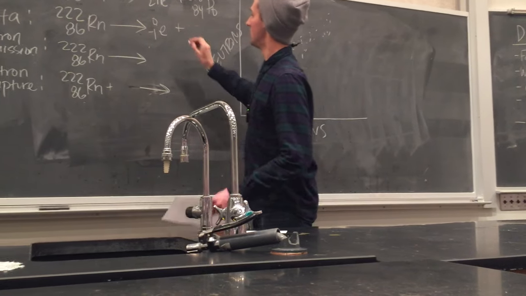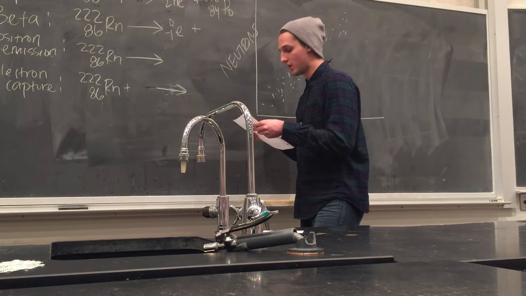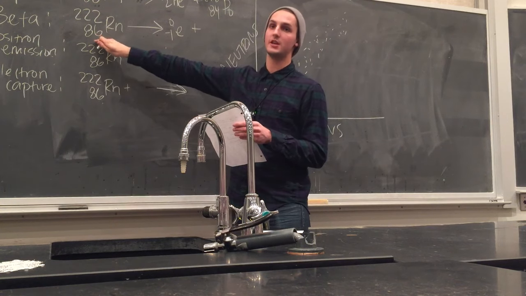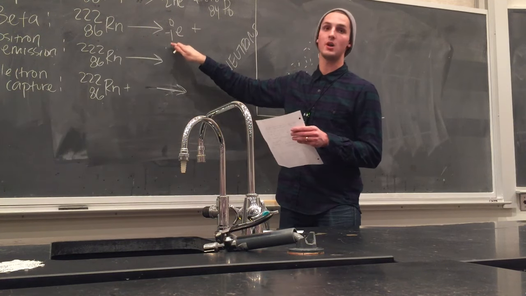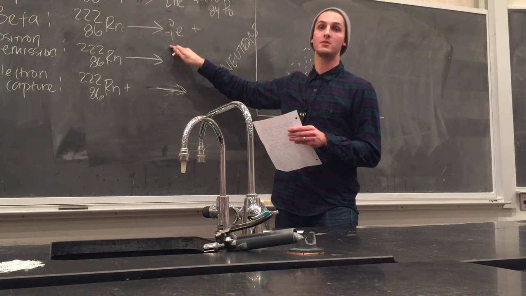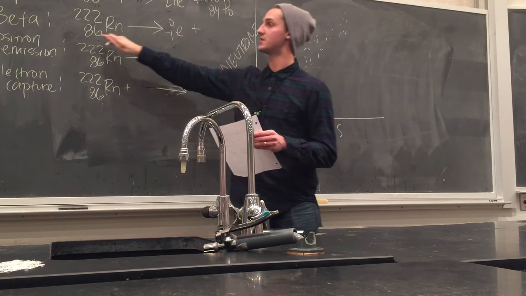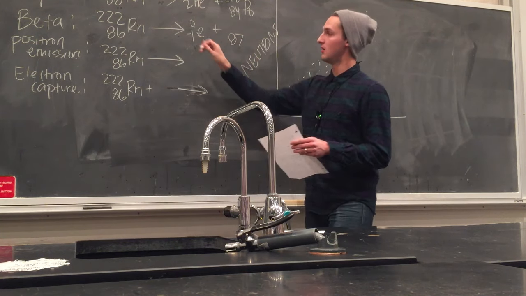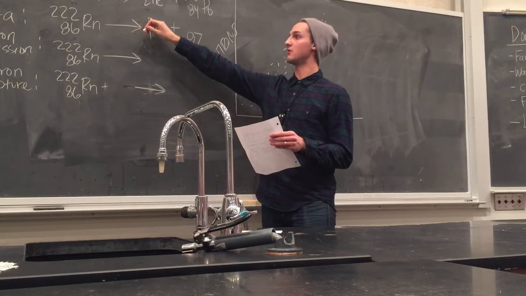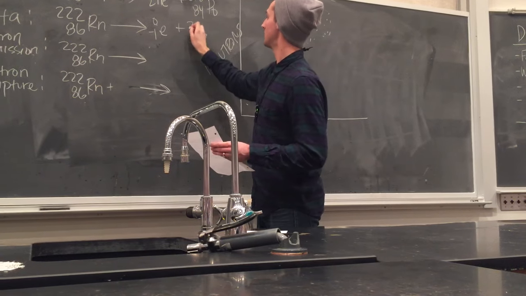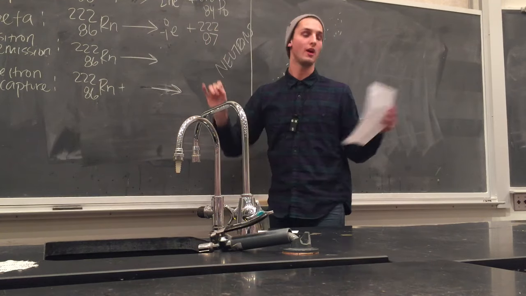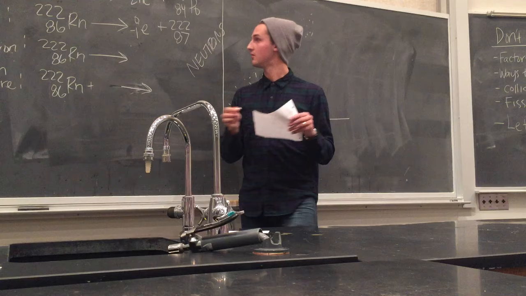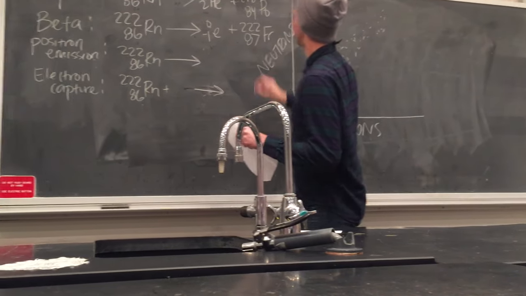Now for the nucleus that's formed, I have 86 over here and a -1 over here, so my bottom number is going to have to be 1 higher than it originally was. So this is going to be 87, and the top stays 222.